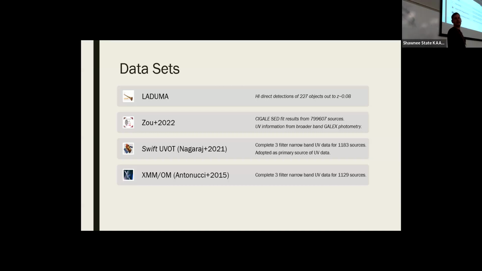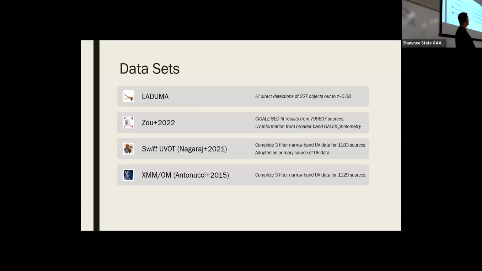The Zoo catalog came out in late 2022, and we're using that for SED fits of a large sample of galaxies, let's just say 800,000 sources. It does overlap our field, though they are not exact overlaps, so we don't necessarily have the same field of view for everything.